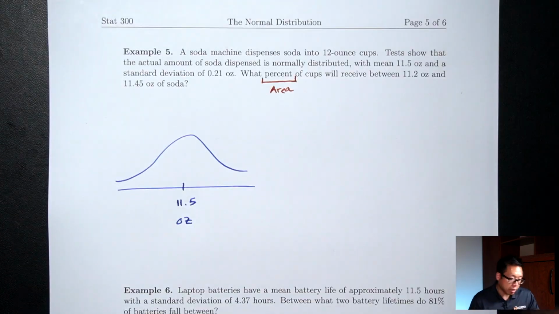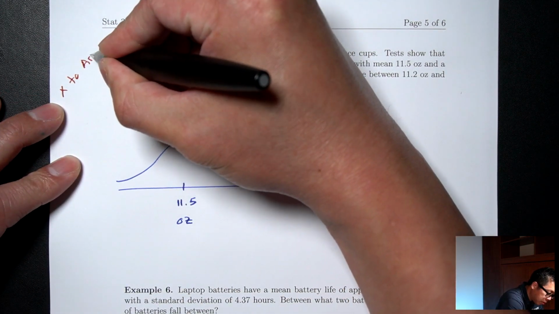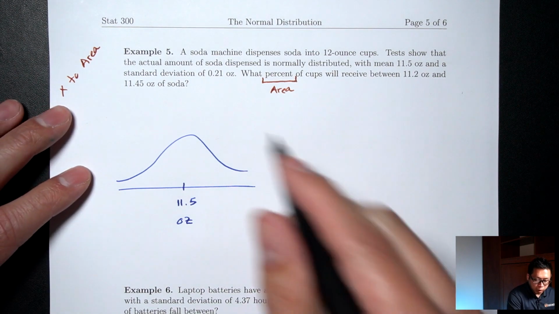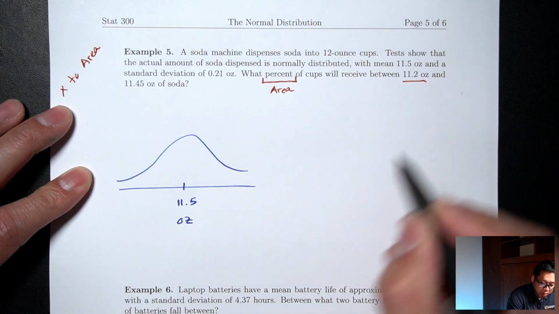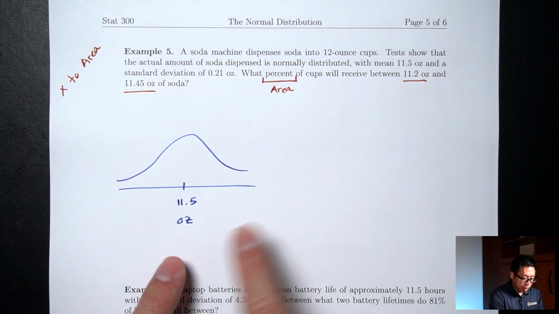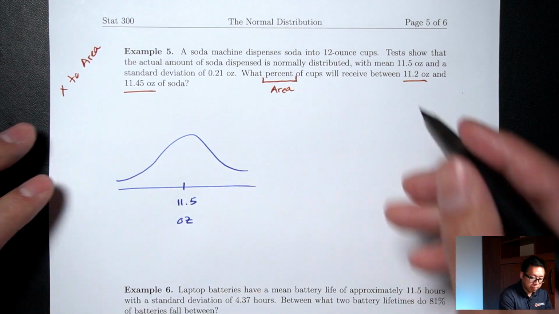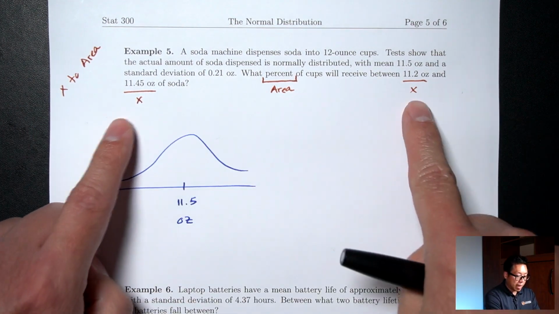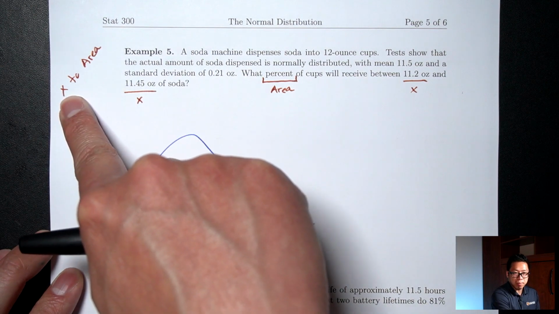So this one has to be an x to area. And then another way to think about it is look at what else I'm giving you in that question. I'm giving you this 11.2 ounces and this 11.45 ounces. Ounces, we said, was on the x-axis, so both of those are x's. So I'm giving you these x's to start with. So which one starts with an x? X to area.